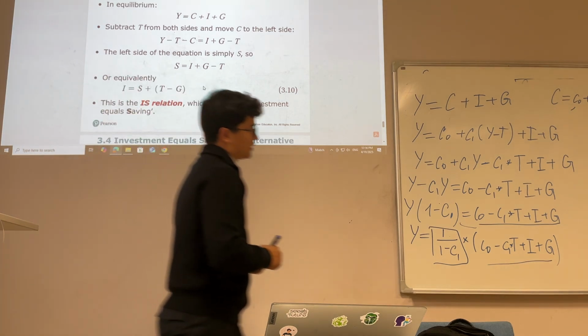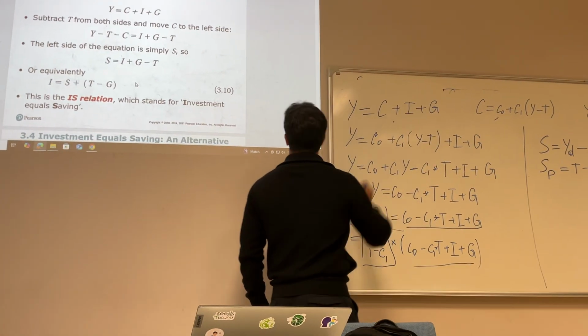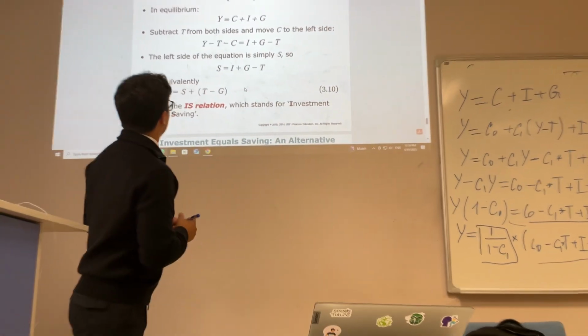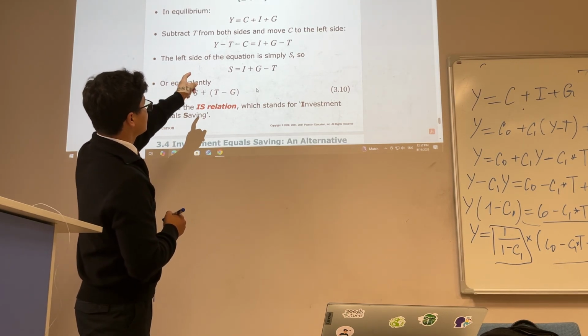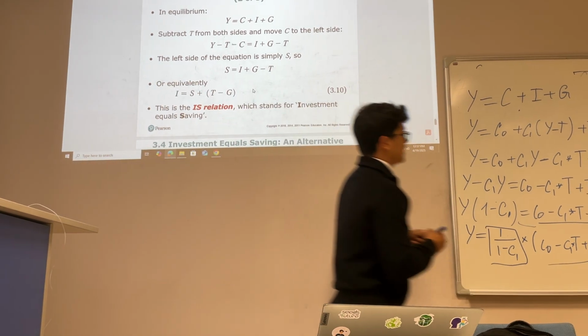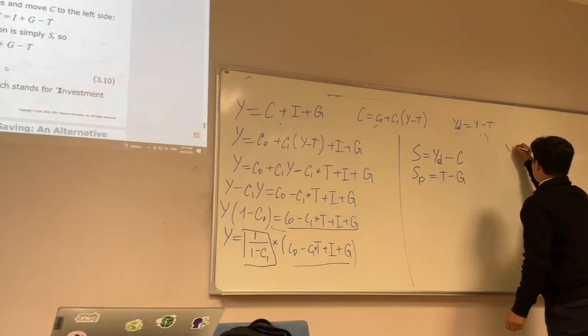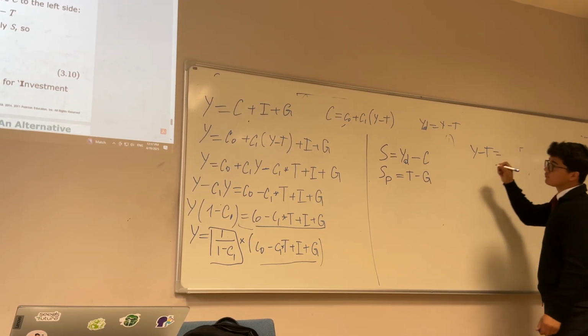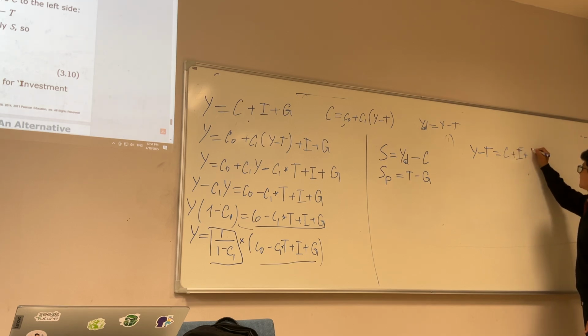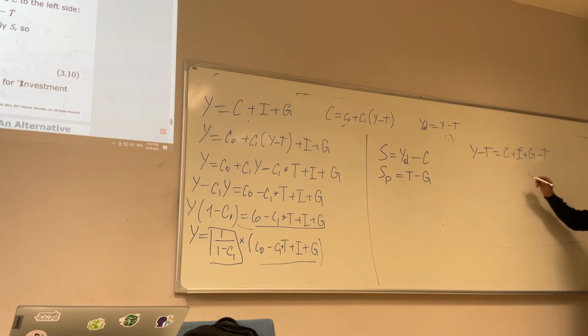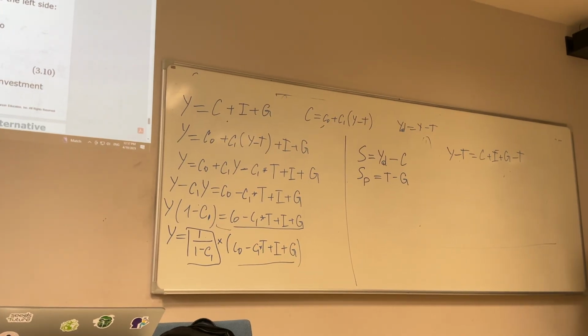Again, in order to derive something, they're subtracting T from both sides. So Y minus T equals C plus I plus G minus T.